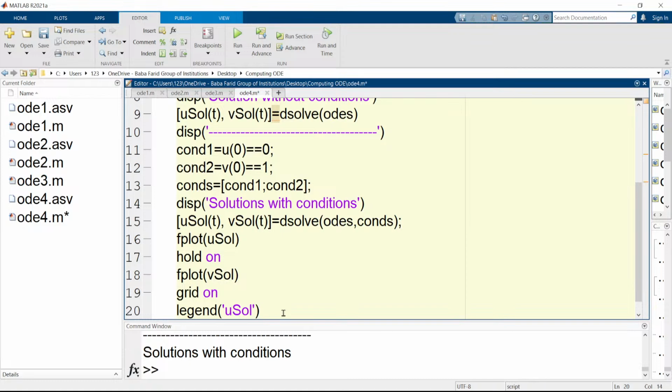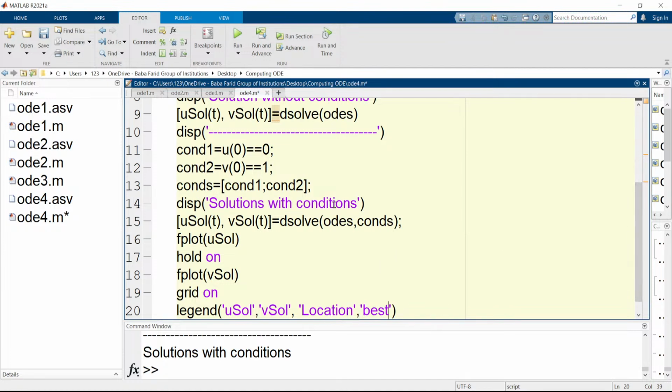Then we have the 'v solution'. Then again using the comma, location is best. Now execute this statement.